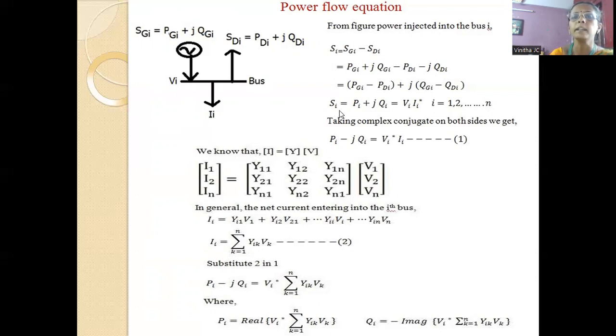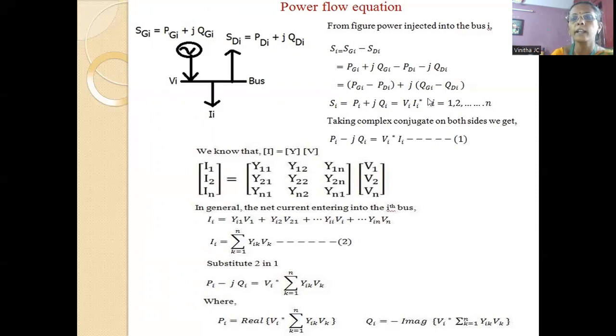Therefore, S can be written in general as Pi plus j into Qi, and this can be written as Si equal to Vi into Ii star, where i varies from 1 to n, the number of buses. Here we have I star, but we require the current Ii, because for analysis purposes, if you take I star, we need to go for its complex conjugate.